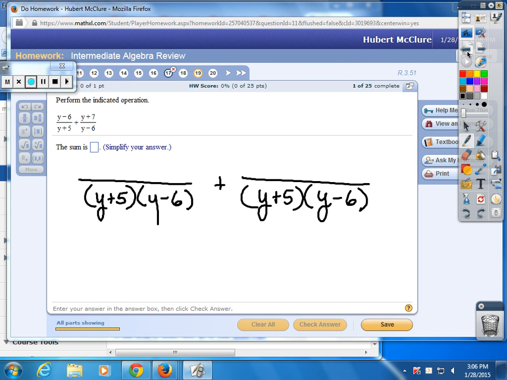Y plus 5 will go into this. Y minus 6 times. Y minus 6 times y minus 6 is what? Y minus 6 squared. Okay?